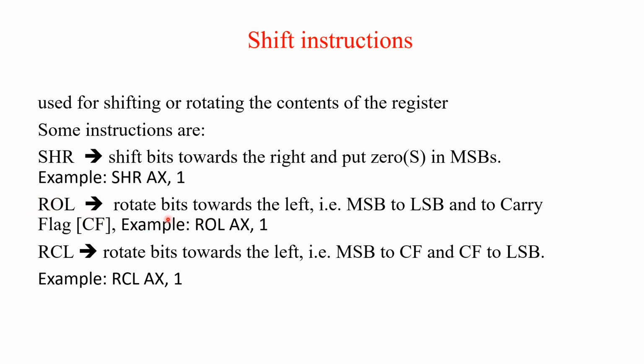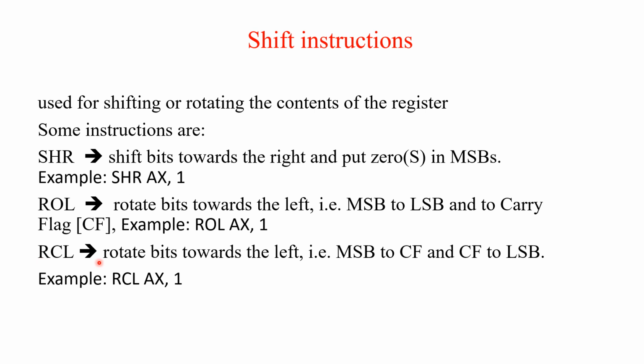The rotate left instruction rotates bits towards the left, moving the most significant bit to the least significant bit and to the carry flag. For example, ROL AX, 1 rotates the bits in register AX one position to the left.